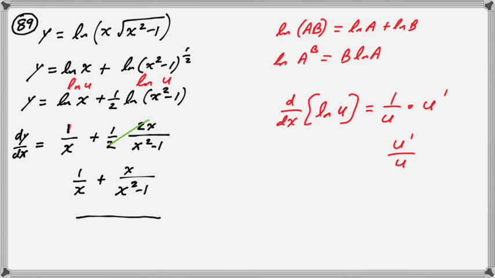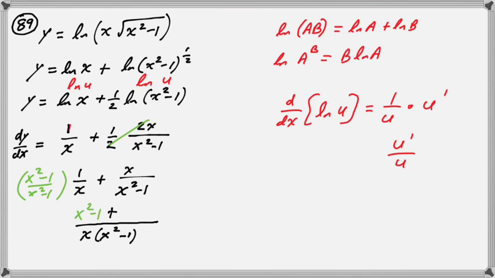To add or subtract fractions, it takes a common denominator. You can always get that denominator by multiplying the two denominators. So this first one, what does it need? It has the x, but it needs the x squared minus 1. So when I multiply on top, I get x squared minus 1.